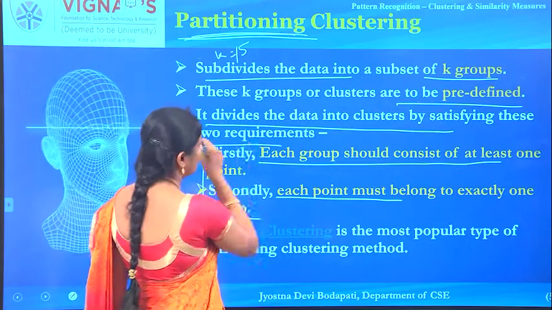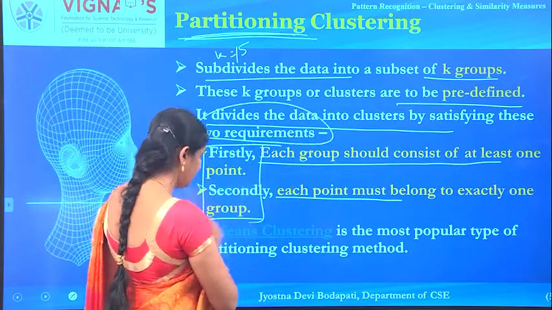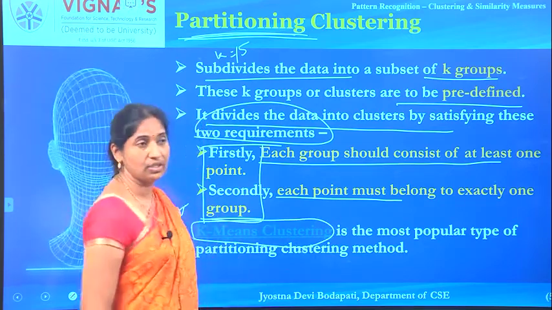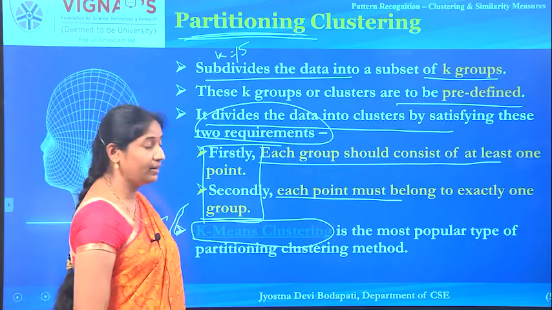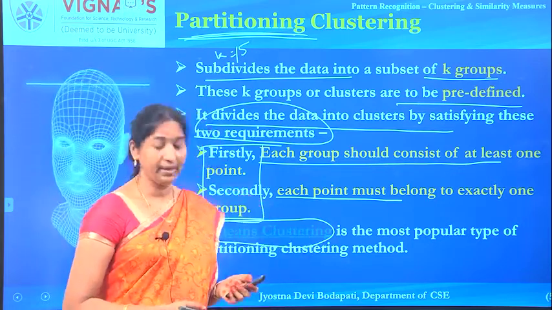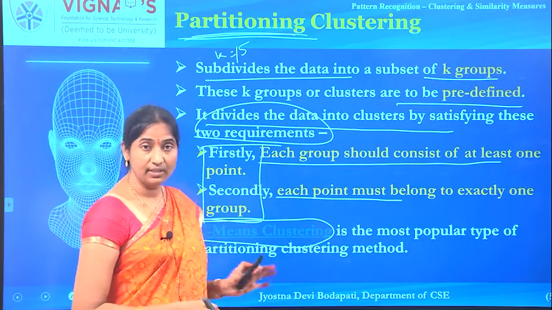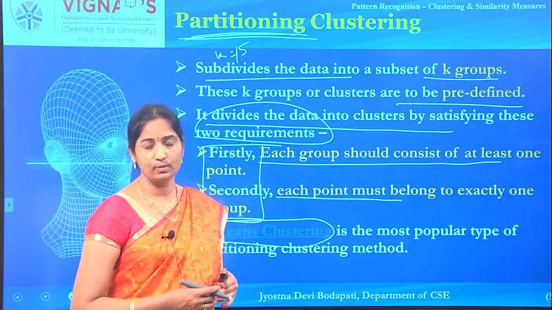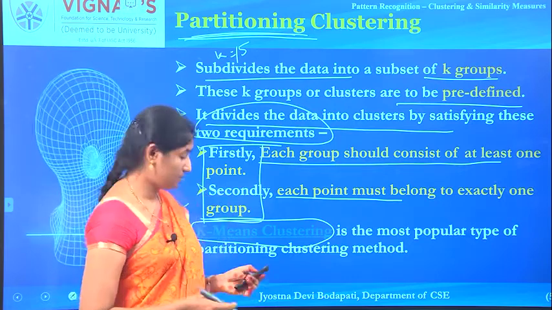These partitioning algorithms must satisfy both these criteria, and the most famous algorithm under this partitioning set is the K-means algorithm, which, even though it was introduced somewhere around the 1970s, till date has been used in many real-time applications, and it has been showing very effective results.